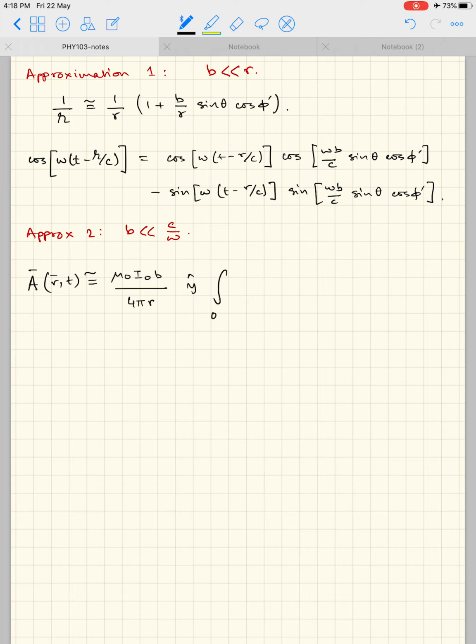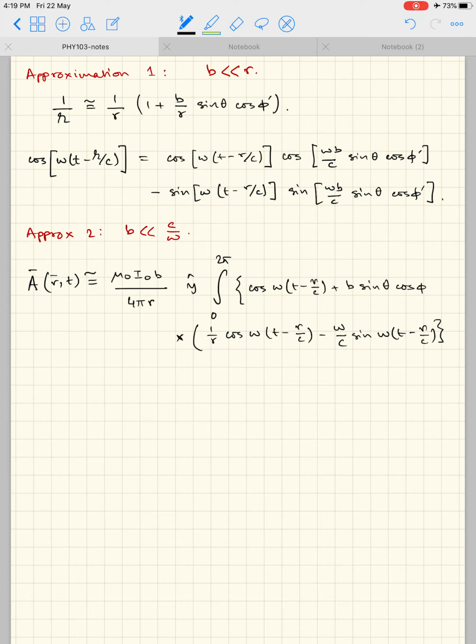So you have two terms now, 0 to 2 pi. First integral is cos of omega t minus r over c plus b sine theta cos phi, times 1 over r, cos of omega t minus r over c minus omega over c sine of omega t minus r over c.